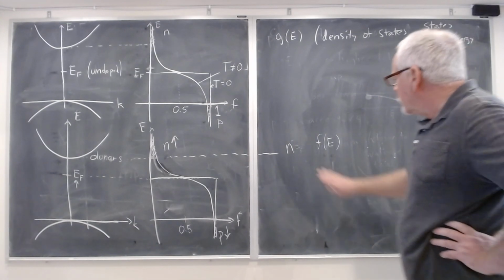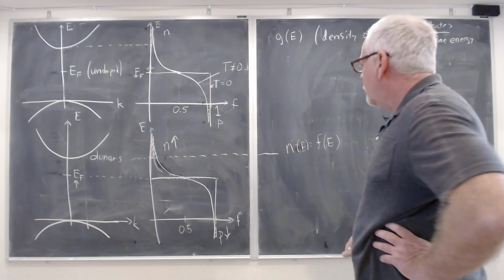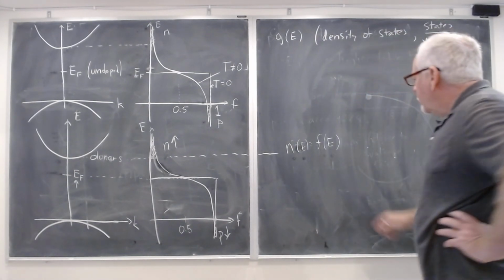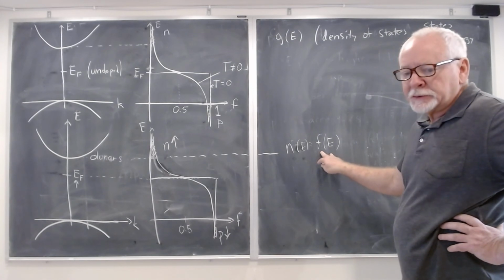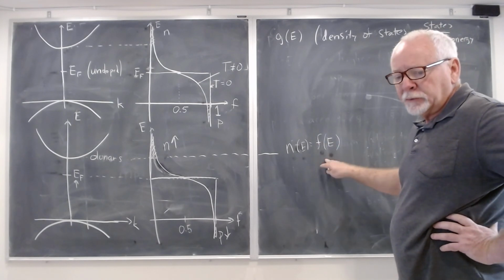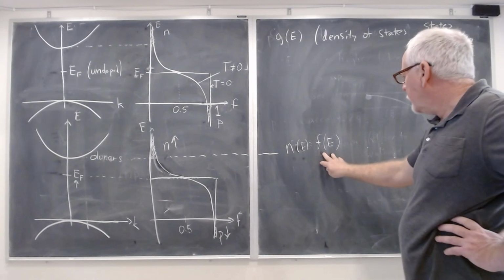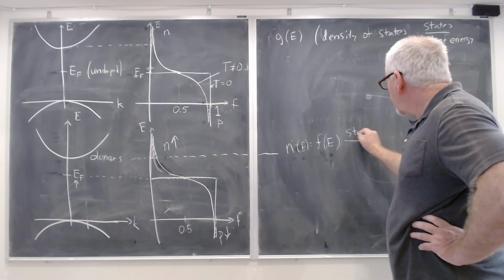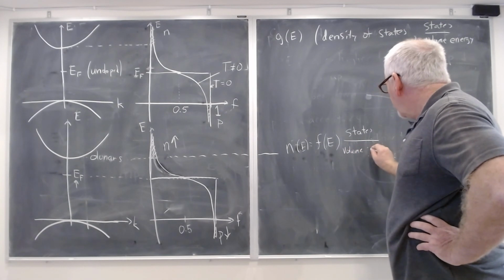So let's put N of E, or the density of electrons at a certain energy. Now, it's not equal to F of E, because F of E just tells you whether the state is occupied or not. If it's 1, it's always occupied, 100% of the time. If it's 0, it's not occupied, so it's something in between here. What we have to now multiply that by is the states per unit volume per unit energy.